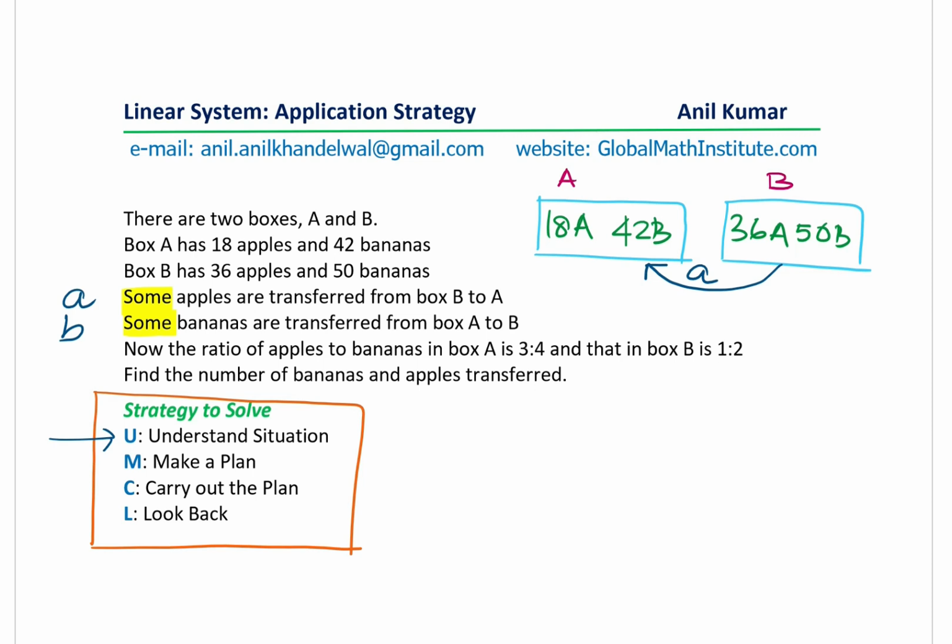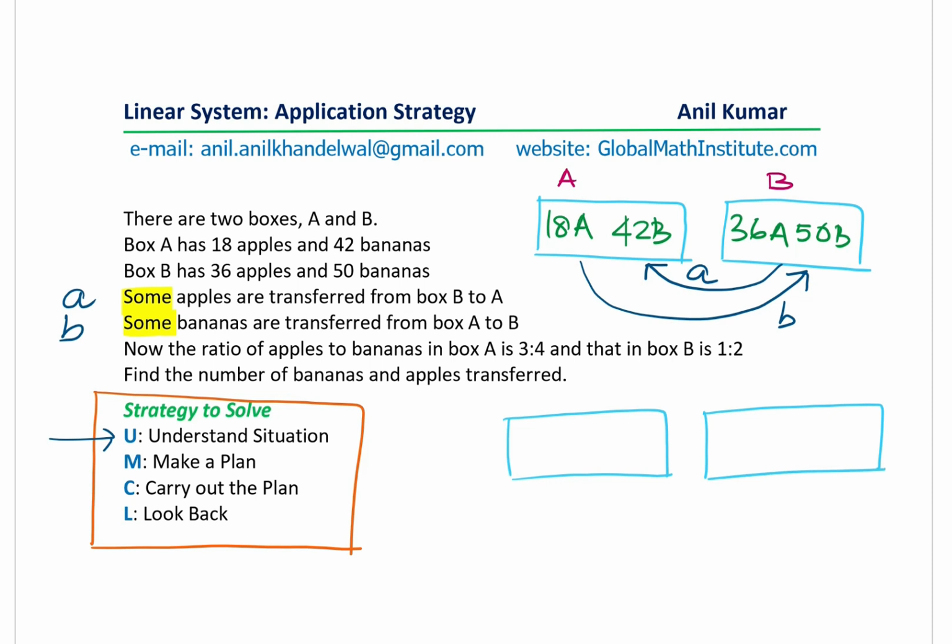So some apples are transferred from B to A, and we are saying A apples, so they get added up here. And then some bananas are transferred from A to B, and we are calling them B. So when that happens, the situation changes, right? The boxes now will contain different numbers of apples and bananas. So let's rewrite this.